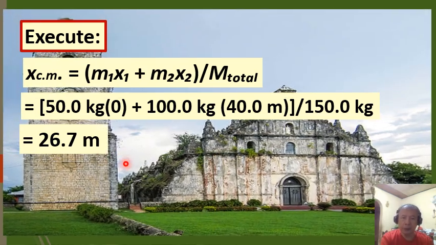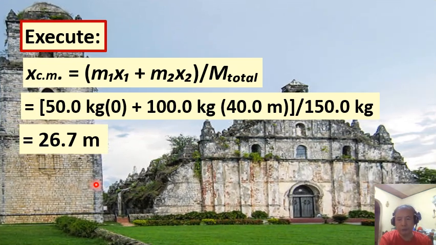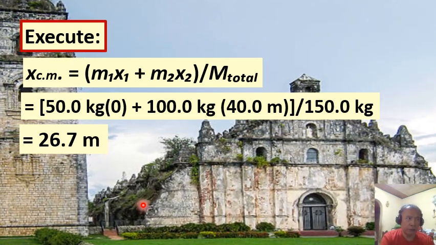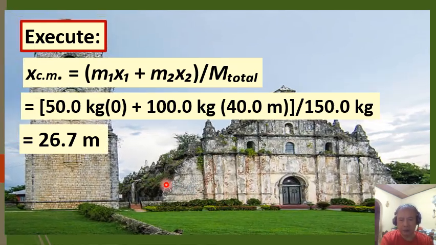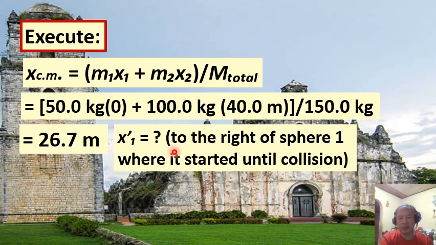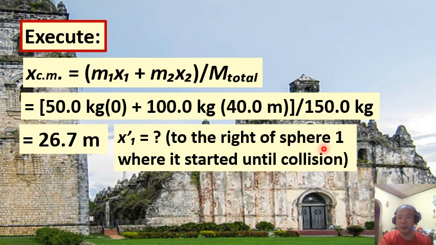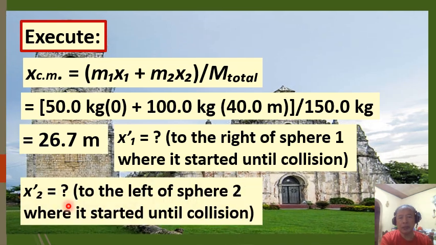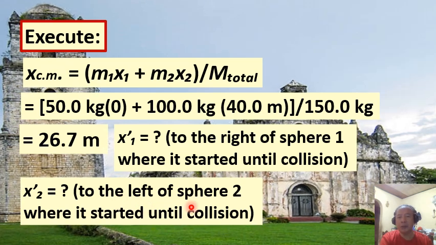And in order for us to determine the position of the center of sphere number 1 just before the collision, we need to define a distance x prime 1, which is the distance to the right of the center of sphere number 1, that is where it started, until collision, as well as the distance x prime 2, which is the distance to the left of sphere number 2.